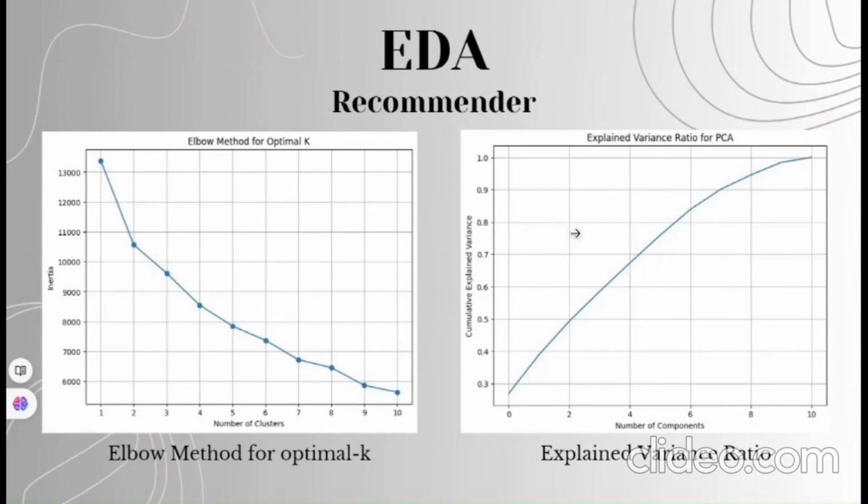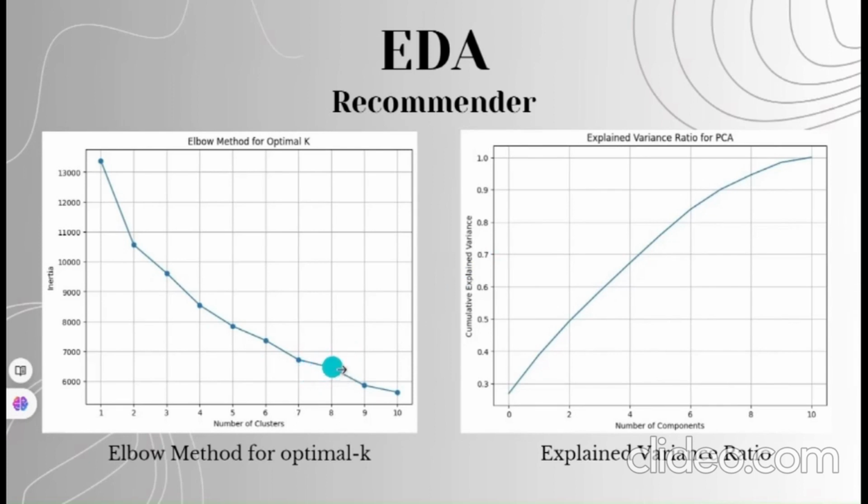Here we performed EDA for our dataset, and for determining the optimal K value for our KNN model we used the elbow method. Here we can see that at 7 and 8 the slope is less steep.